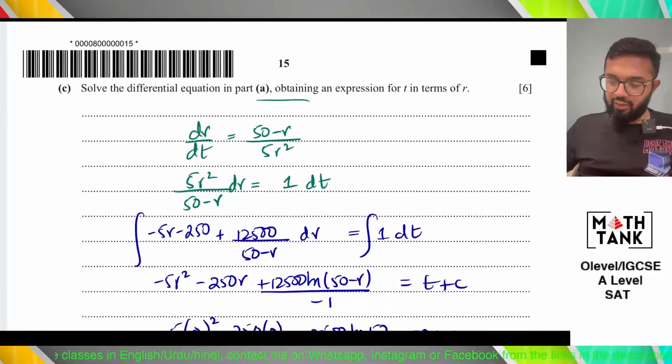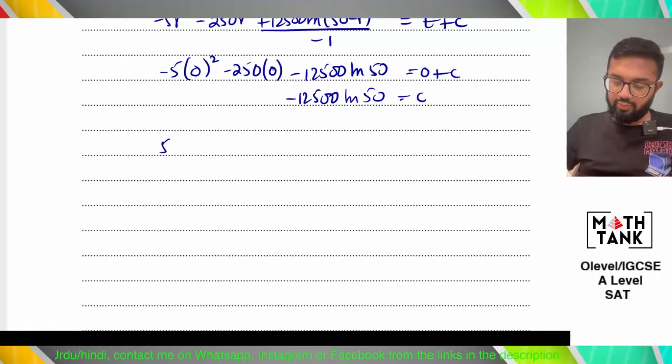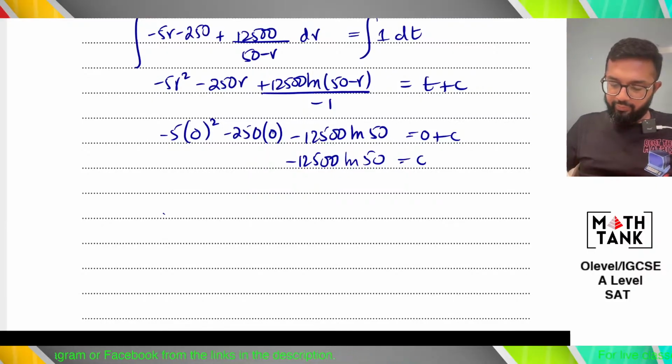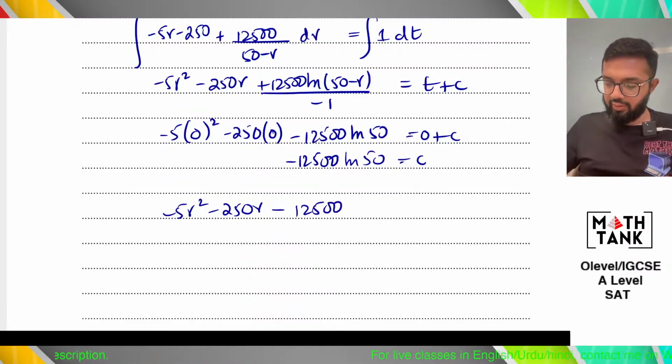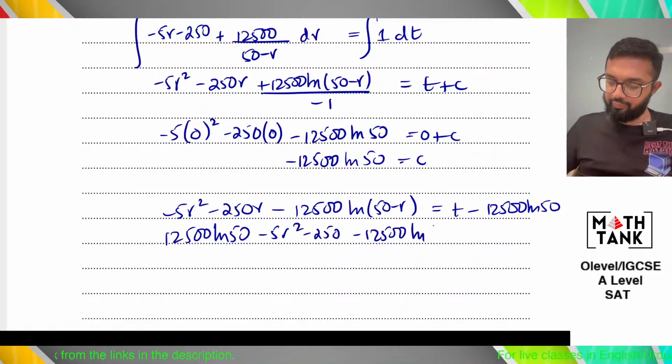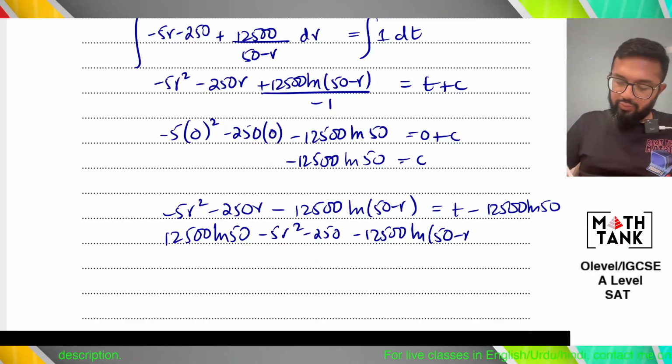Okay, obtaining an expression for t in terms of r. So minus 5r squared minus 250r minus 12,500 ln of 50 minus r equals t minus 12,500 ln 50. To bring that to this side, this should be minus 5r squared divided by 2. My bad.